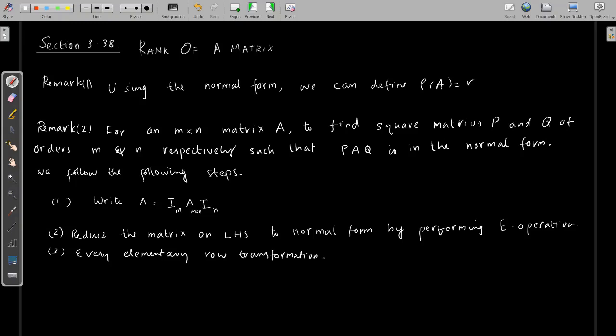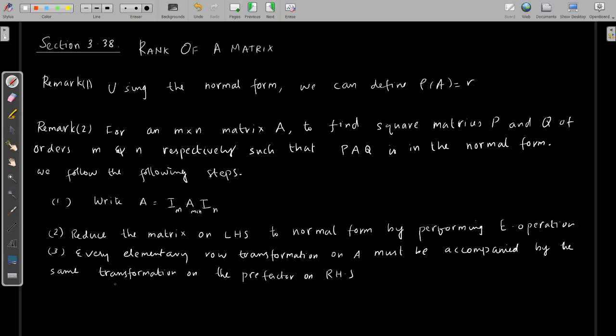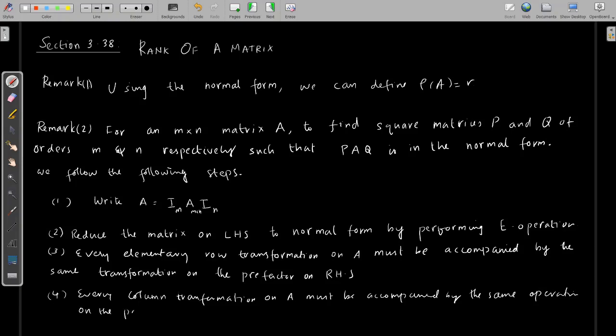That means Im. So once you perform a row operation on A on the left, then you perform the same elementary operation on Im, the first identity matrix. Every column transformation on A must be accompanied by the same elementary transformation on the postfactor on the RHS, that is the identity matrix of order n.